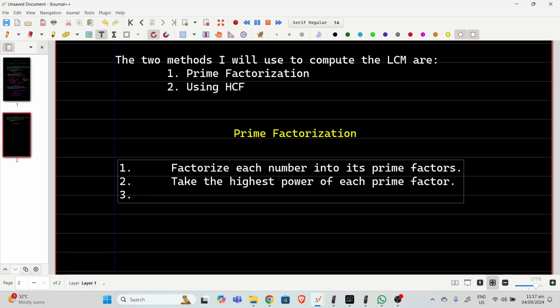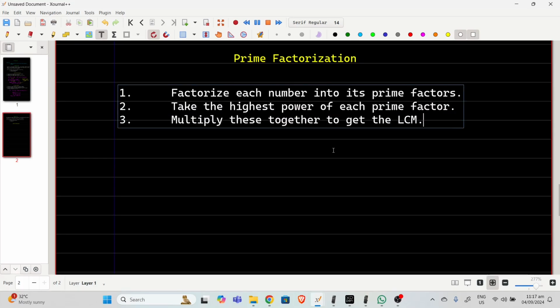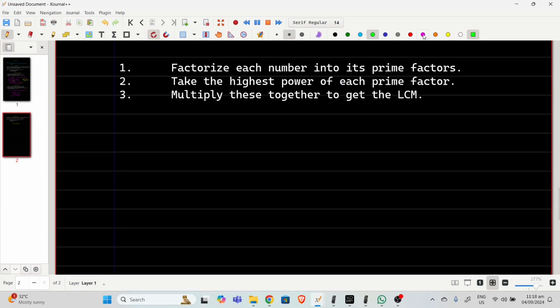And then third, we multiply these together to get the LCM. Right? And that's fairly straightforward rules. Let's do an example. Let's say we're required to find the LCM of 18 and 24.